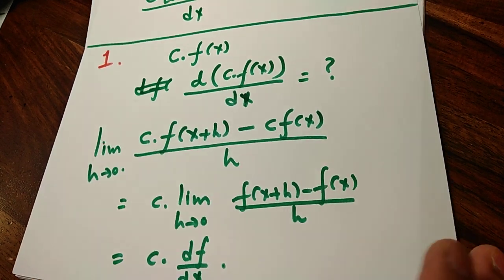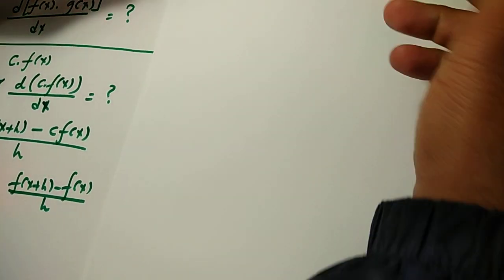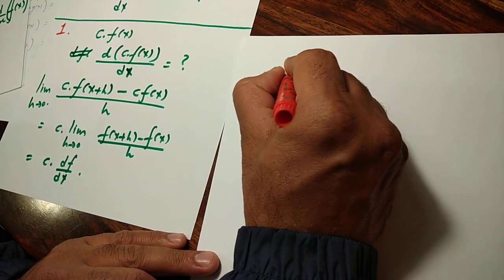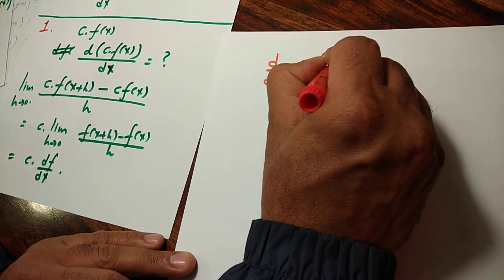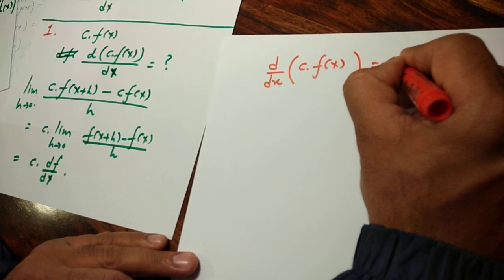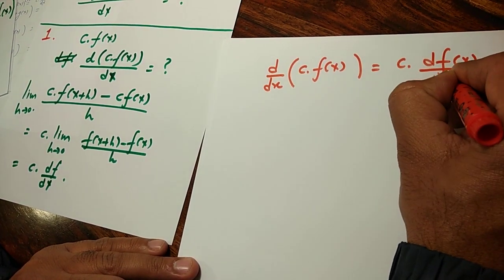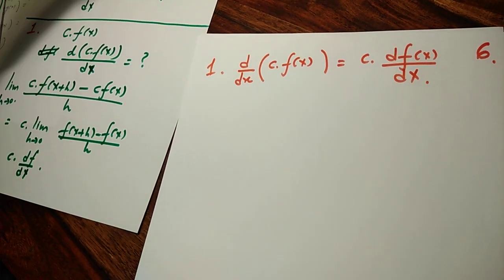Okay, so I have proved that d over dx of c times f of x is c times df over dx. That's the first thing we have proved today. Let's go.